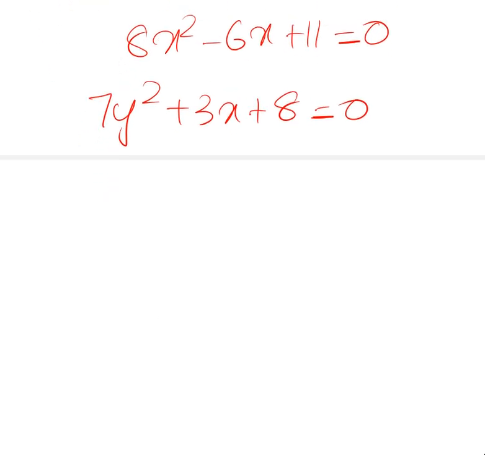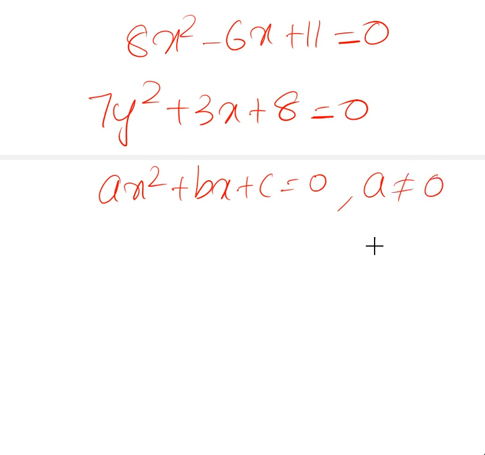Okay, then at the beginning, we discussed that ax² + bx + c = 0 and a is not equal to 0. That means b and c can be 0. The restriction is only for a.